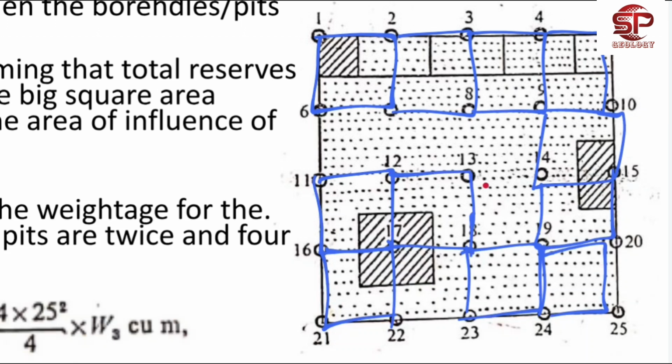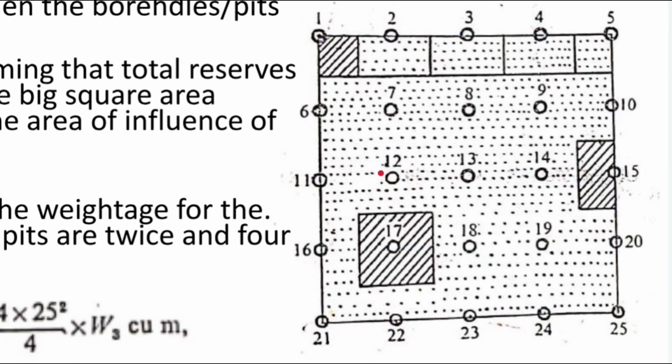This will give a good result. You cannot calculate the grade like that. Always the area of influence should be like this.